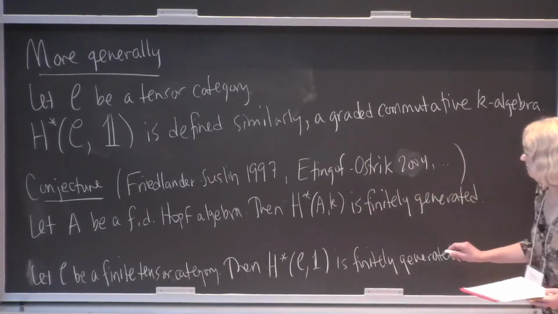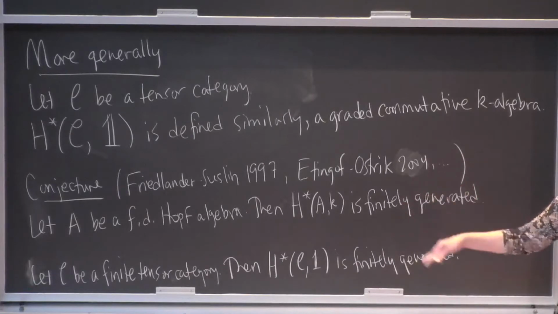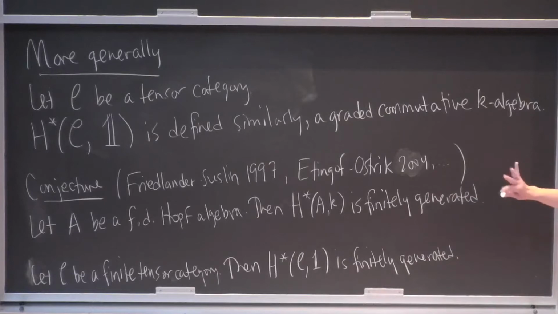I'm not going to define finite tensor category. In particular, it has finitely many simple objects, and some other nice properties. It has enough projectives, which is sort of buried under the rug here. I'm not talking about it, but it's definitely in the picture as part of the other definitions.